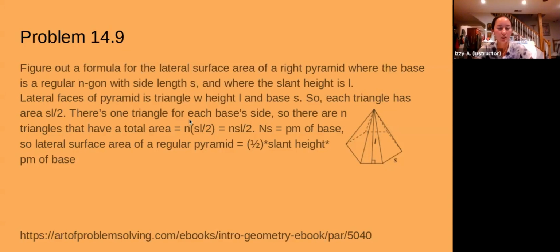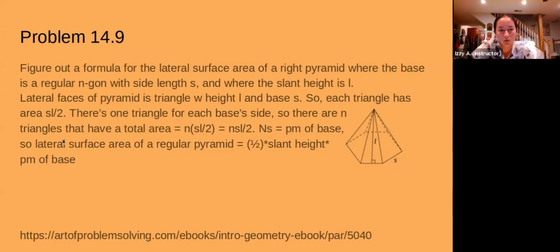There's one triangle for each side of the base, so there are n triangles that have a total area equal to n times the area of one triangle, which is NSL divided by 2. And NS is going to be equal to the perimeter of the base, because you're adding up the same number, whatever S is, n times, based on how many triangle faces there are.